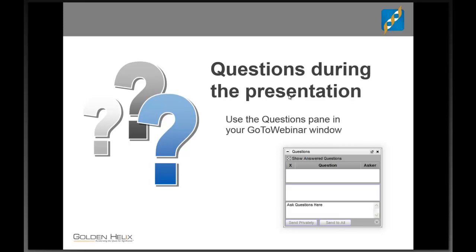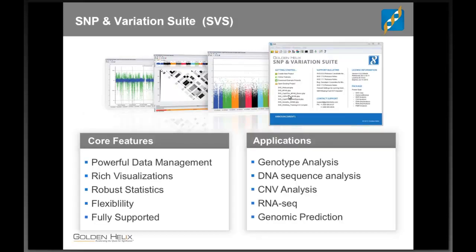of the presentation today. Today we're going to learn a little bit about the Golden Helix SNP and Variation Suite. I imagine that many of you joining us today are already familiar with SVS. I'll just point out that SVS is a platform that allows you to work with many different types of genetic data, particularly genotype data, either from a GWAS type of setting or also in a genomic prediction environment.